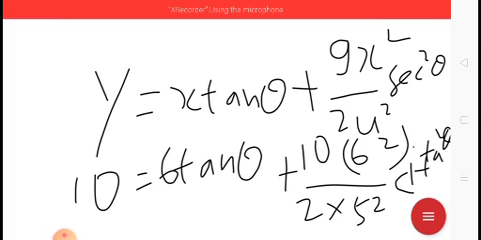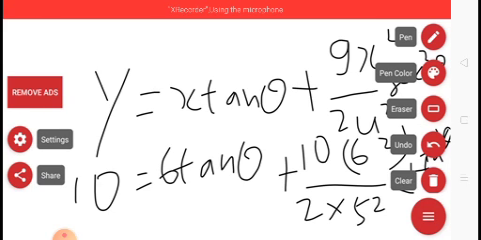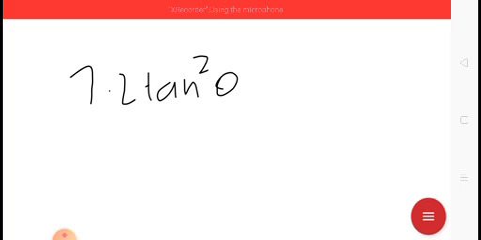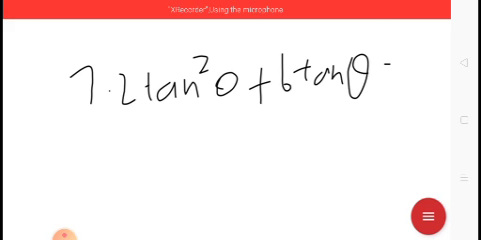So let's say the question asks you to find theta. If you simplify this equation, you will have 7.2 tan squared theta plus 6 tan theta minus 2.8 equal to 0.